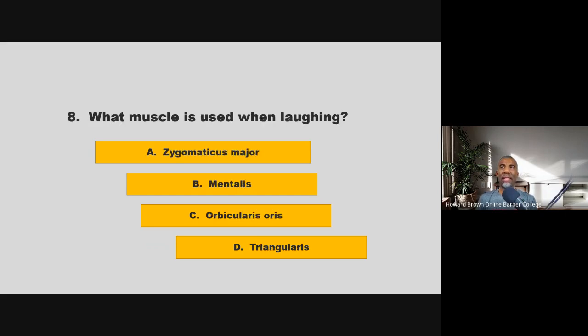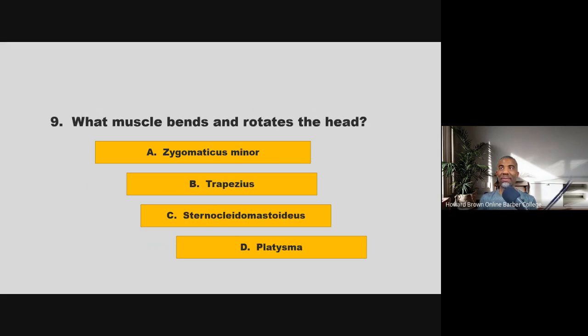What muscle is used when laughing? Is it zygomaticus major, mentalis, orbicularis oris, or triangularis? If you chose A, zygomaticus major, you are correct.